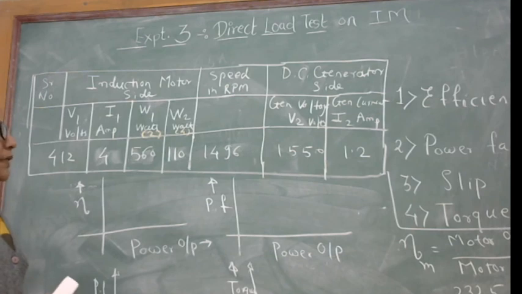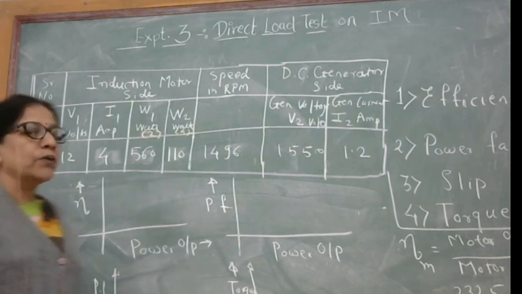So while completing this experiment, you should have 4 graphs and all the result tables, so that you can complete the analysis of the 3-phase induction motor by performing the direct load test.